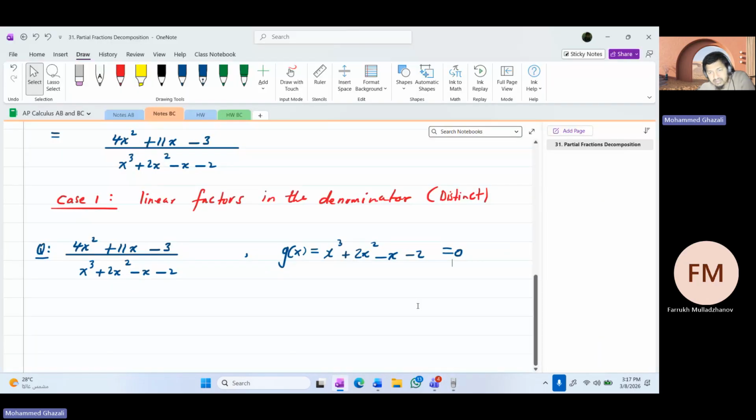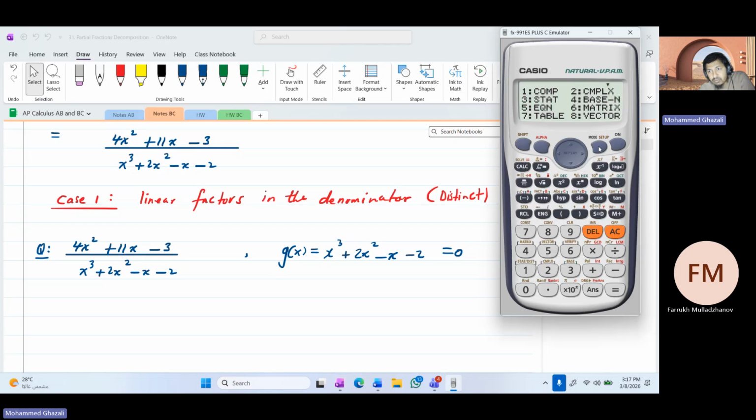So, when you're putting the values into the calculator, you can go mode 5, and you need to go option number 4, the cubic function. So what's the number next to x cubed? 1. Number next to x squared is 2. Then we have minus 1, and then we have minus 2.